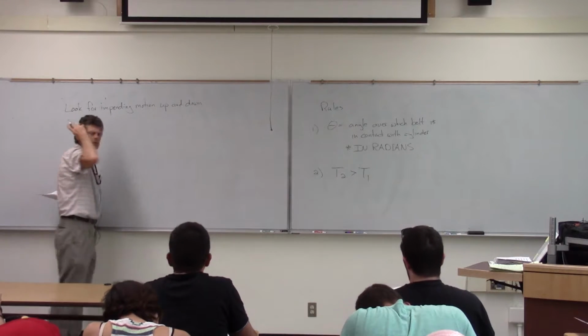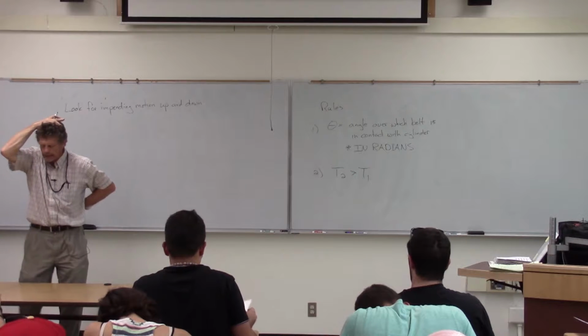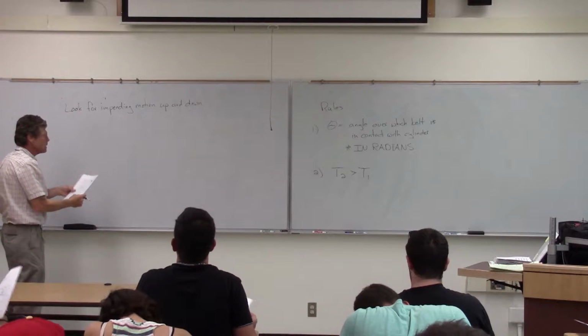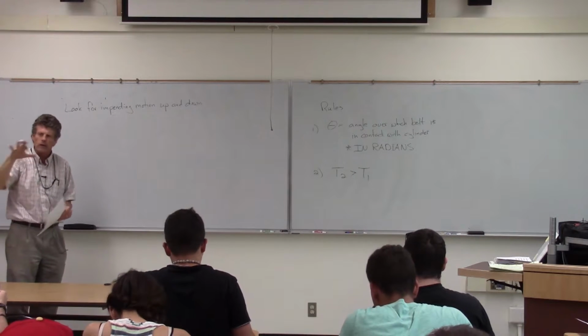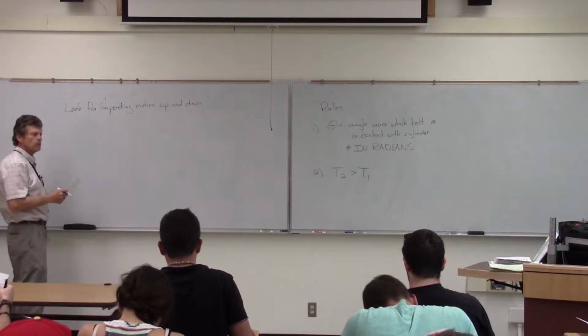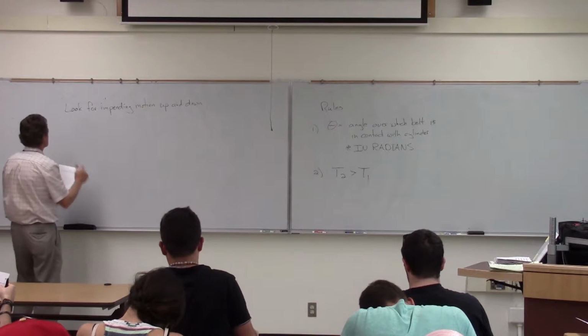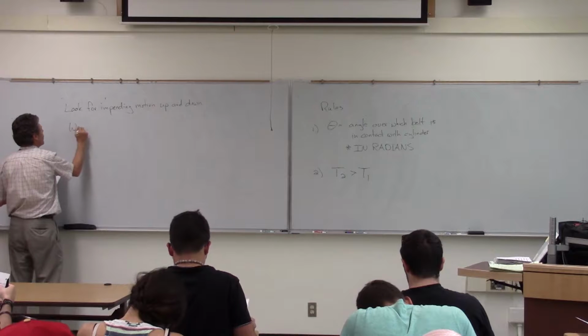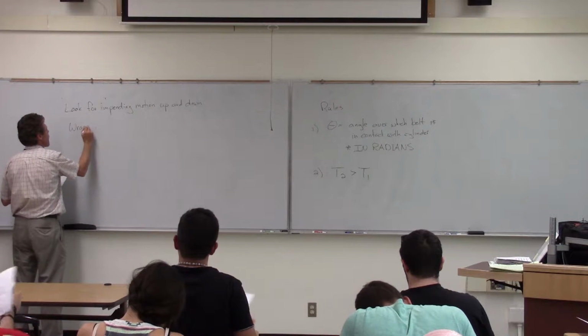Okay, so essentially what the problem has asked us is finding that impending motion up or down. And what we need to do is get a few things out of the way so there's some information before we can jump into those equations. One of them I call the wrap.